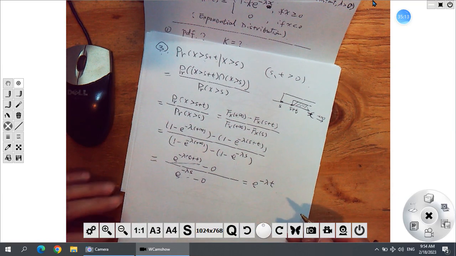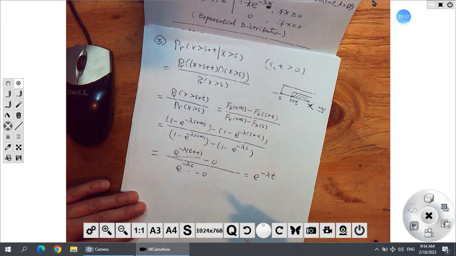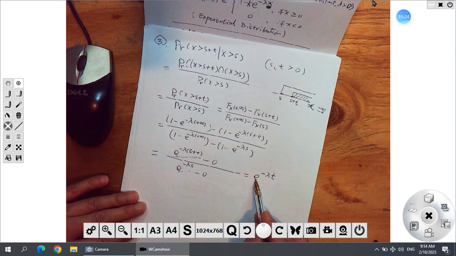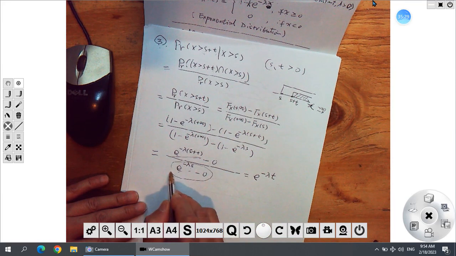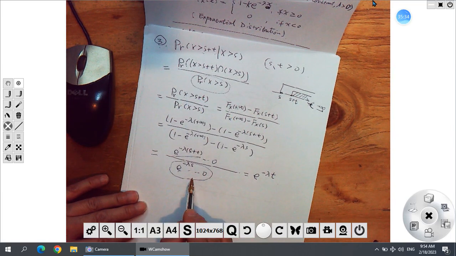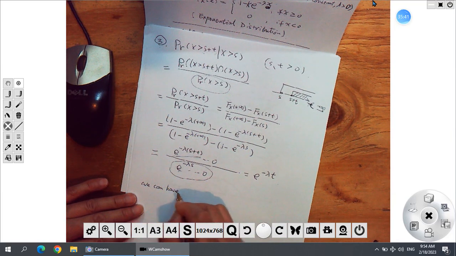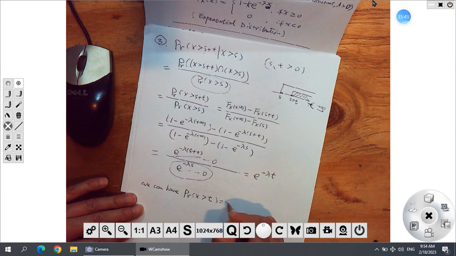Okay, so we have this one, and actually here we have an important, interesting property of the exponential distribution. You can see what it is. You compare here: this is the probability of this one, okay? And similarly, we can have the probability of x larger than t equal to e to the negative lambda t.